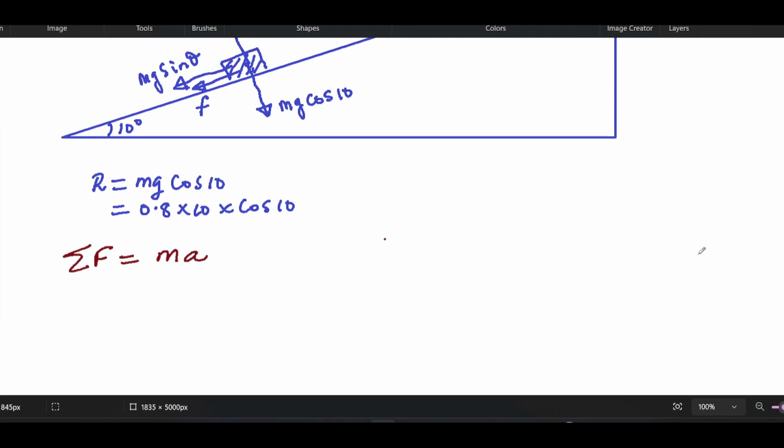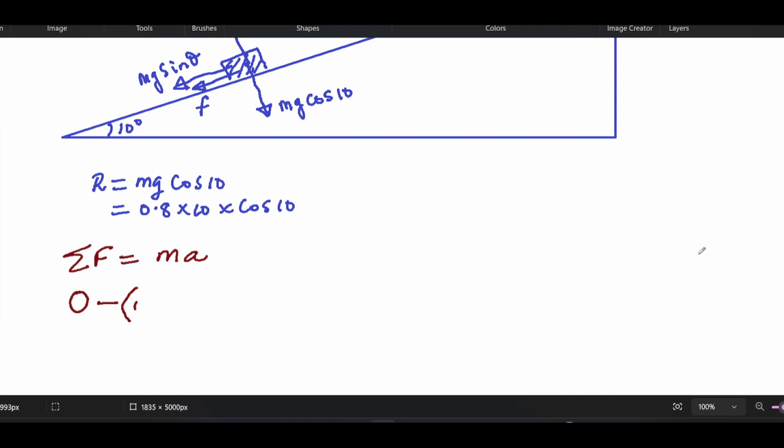That implies zero force, because the particle is just projected, it's not being pulled up the slope. So 0, which is the forward force, minus, now we have two forces in the backward direction. So I will sum those two backward forces. While summing them, I'll put in the values.